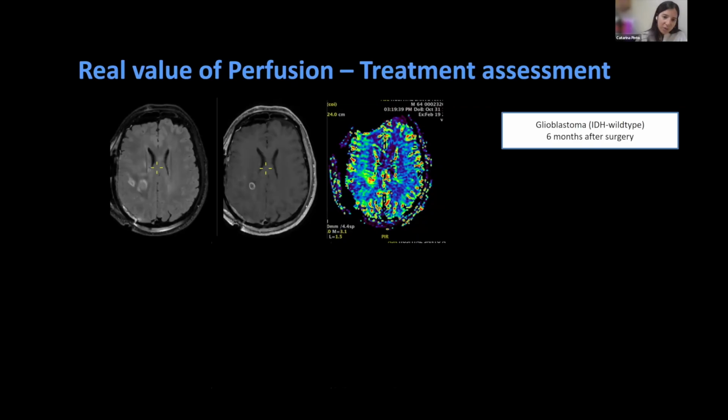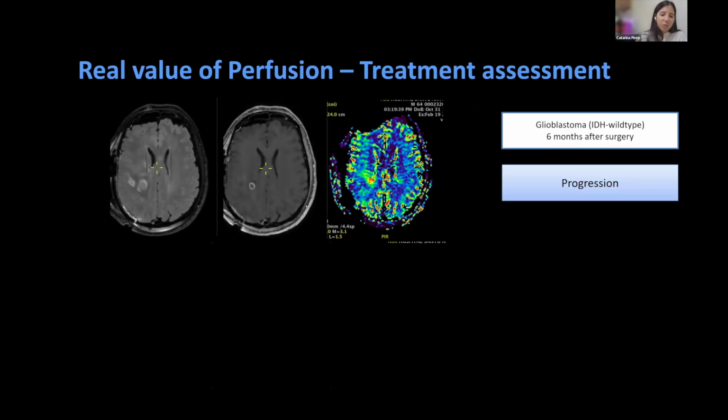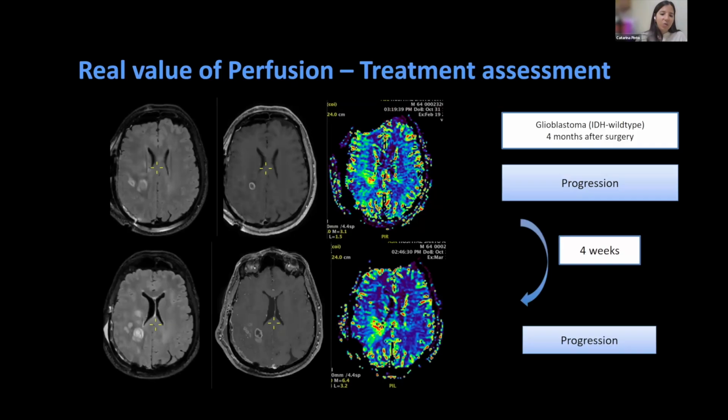So we thought this could be progression, but still we waited for weeks, 1 month, to do the next scan, and on the next scan we could prove that this was progression, with more and bigger lesions. The contrast enhancement was progressing, and we still had the high CBV on perfusion. So we confirmed this was progression.